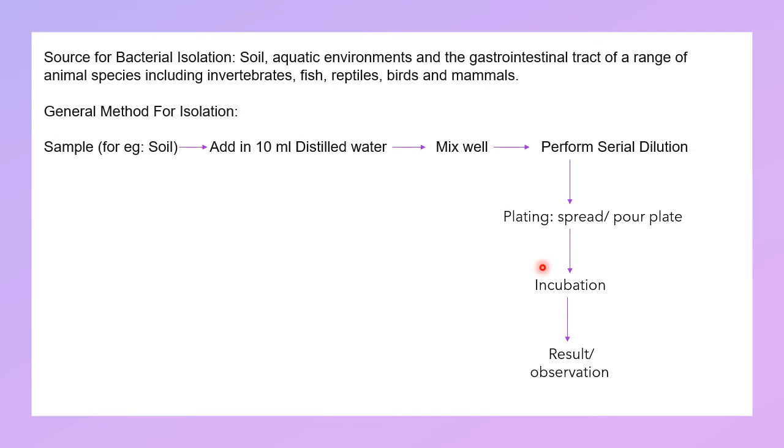Because here we are observing the enzyme secretion, the action of the enzyme, whether the bacteria is able to produce chitin degrading enzyme or not. So I will say you should wait for 48 hours and then observe your results. So this is the basic flow chart for how to proceed for chitin degrading bacterial isolation.